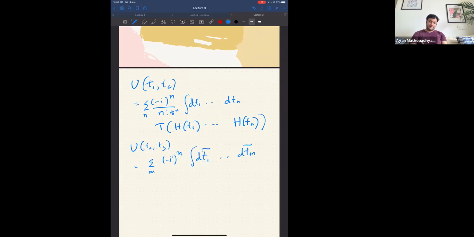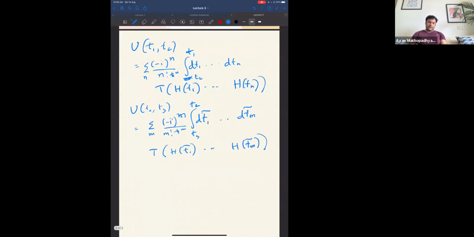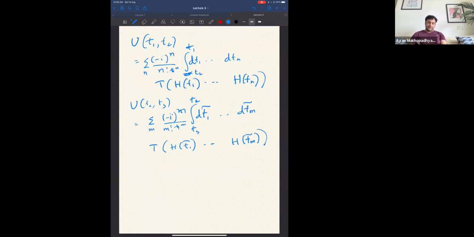All of these are integrated, in this case from T2 to T1, and in this case from T3 to T2. And then you have the time ordered product, with 1 over m factorial, h bar to the power m, and H of t1 tilde to H of t tilde m. Okay, so now if we multiply these together, we have to show that you get U of T1, T3. So let's multiply this together.